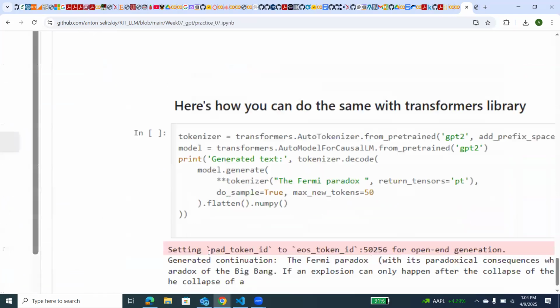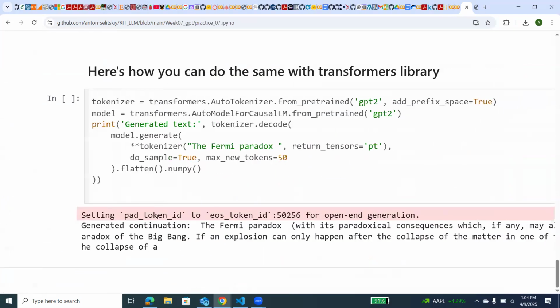Yeah, so for example, here, setting pad token ID to end of sentence token ID. So, do you know why we always see this information when we use GPT models? Why does the GPT model dictionary not have the padding token?